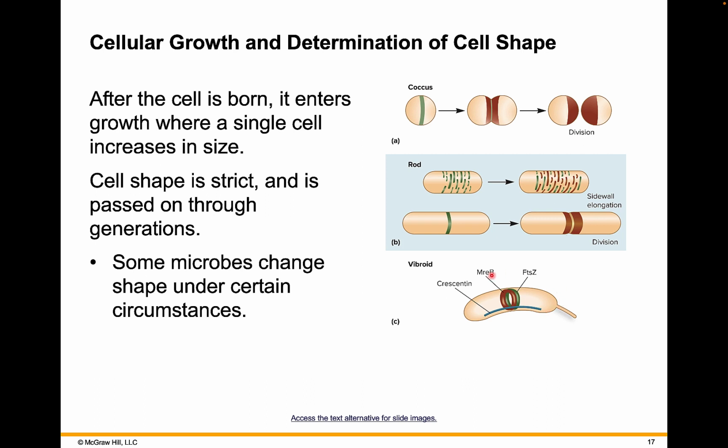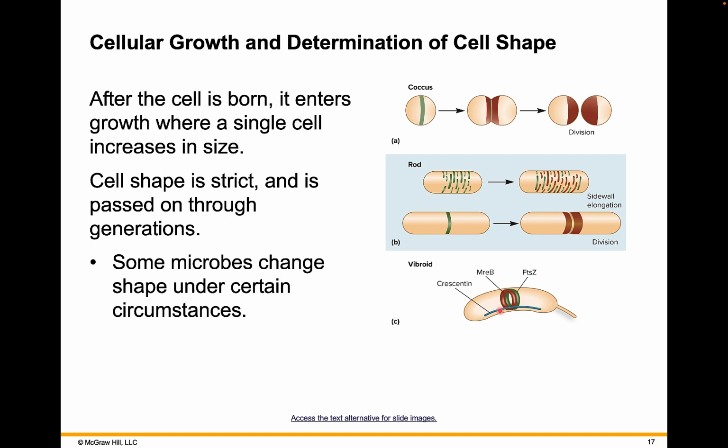On the other hand, there is a very interesting thing seen in the comma-shaped structures, which are vibroid structures. Caulobacter crescentus is also vibroid, a little bit comma-shaped, and Vibrio cholerae is very similar. Here you can see that FtsZ and MreB are present.